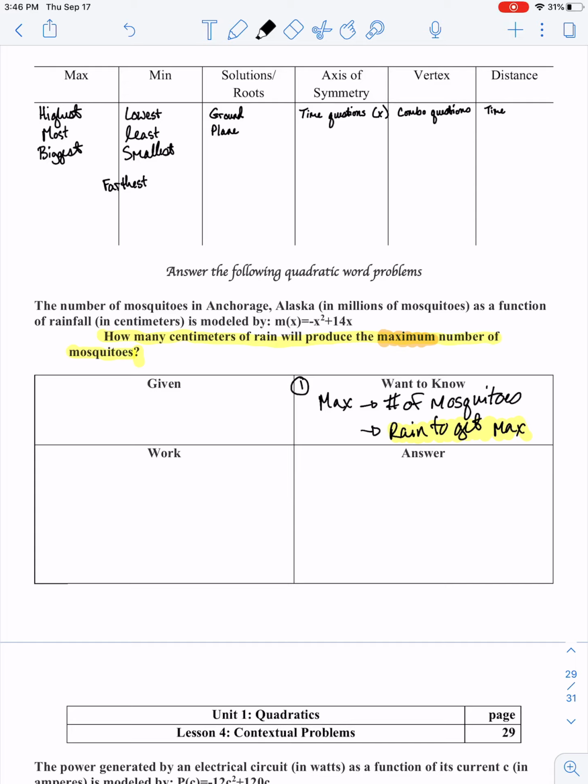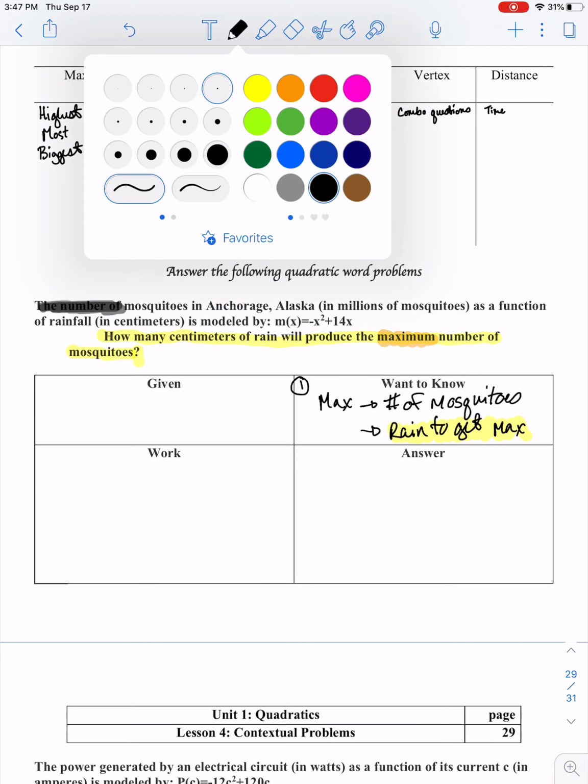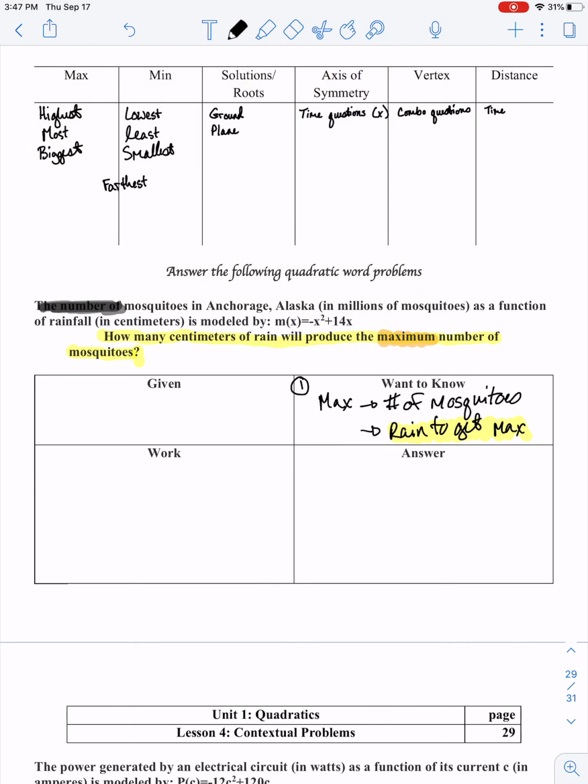The number of mosquitoes in Anchorage. Okay, so I got mosquitoes, so I'm going to leave it. Alaska in millions as a function of rainfall in centimeters is modeled by blah. Okay, so the number of mosquitoes, again, a little bit different.